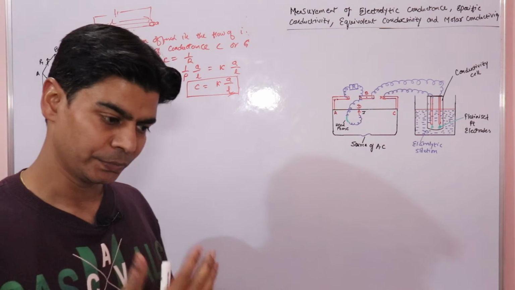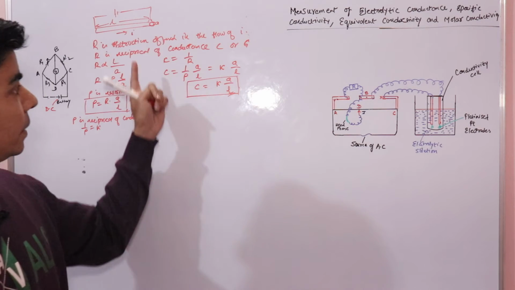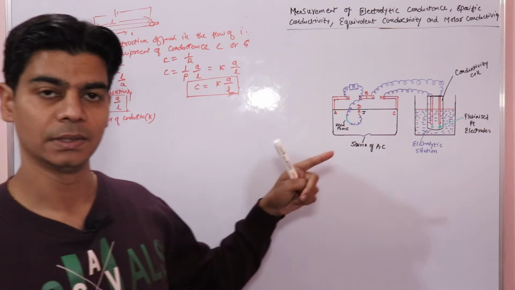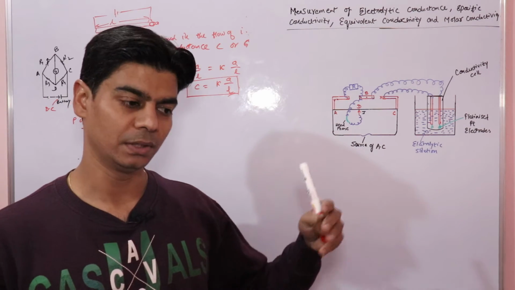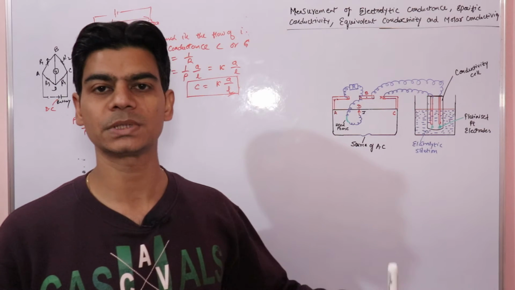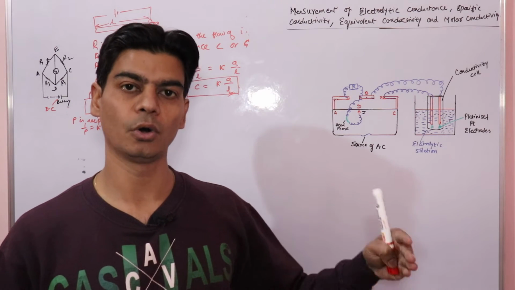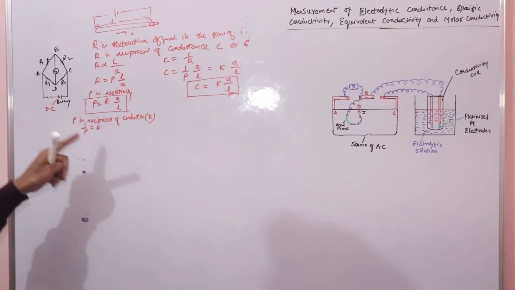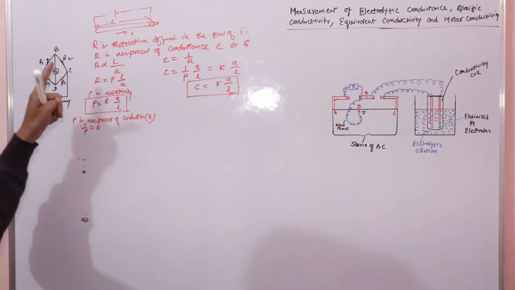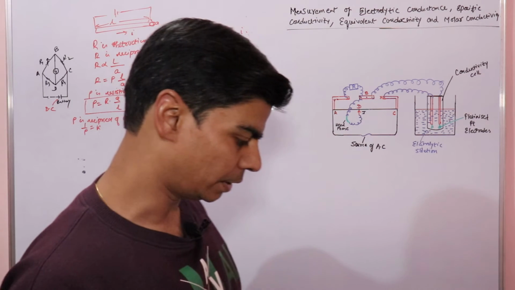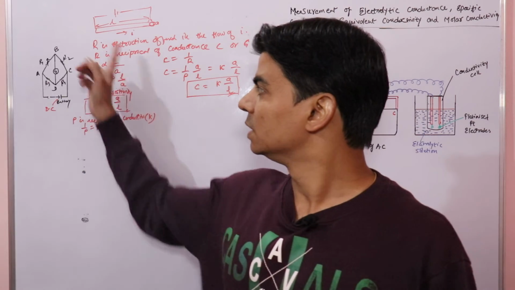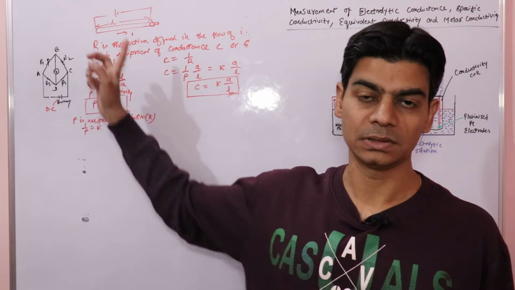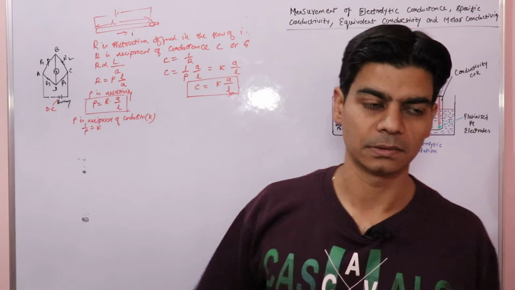Resistance is the obstruction in the flow of current, so if we arrange these resistances such that no current flows through the galvanometer, at that point the Wheatstone bridge is said to be balanced.